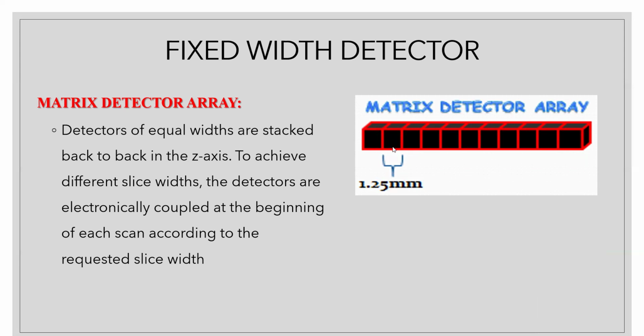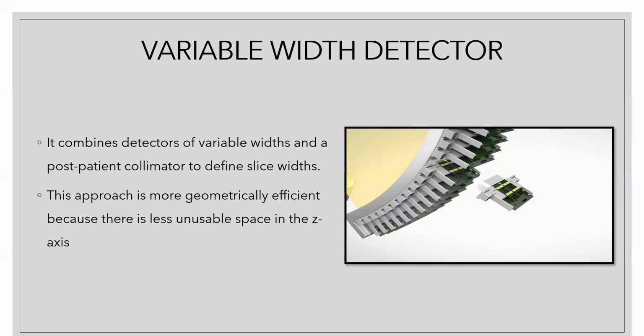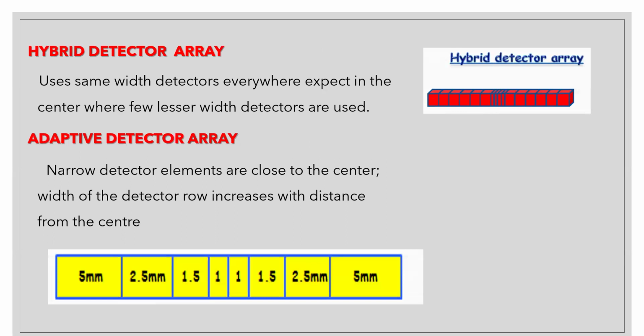To achieve different slice widths, the detectors are electronically coupled at the beginning of each scan according to the requested slice width. And coming to the variable width detector, it combines detectors of variable width and a post-patient collimator to define the slice width. This approach is geometrically efficient because there is less unusable space in the Z-axis.